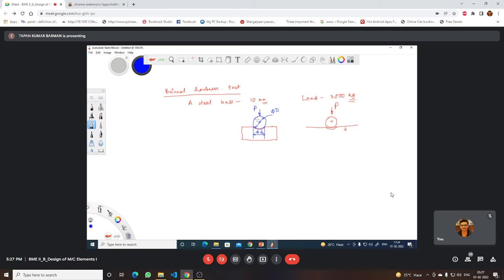Generally the equation is like this, you may check with any standard book: P divided by the surface area of the indentation.